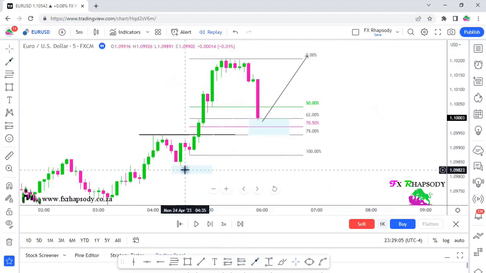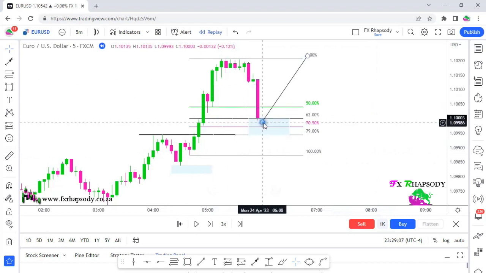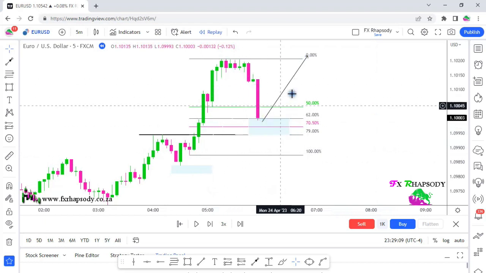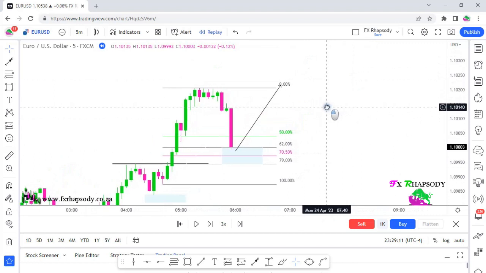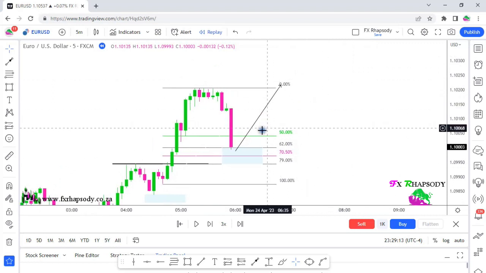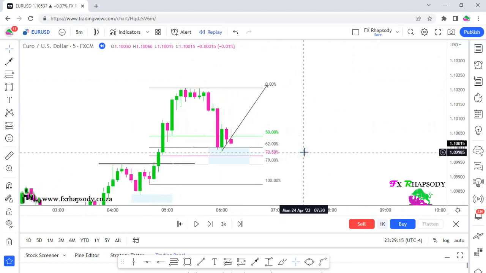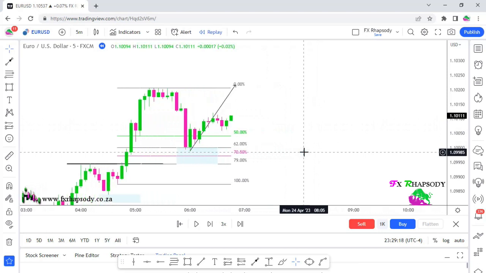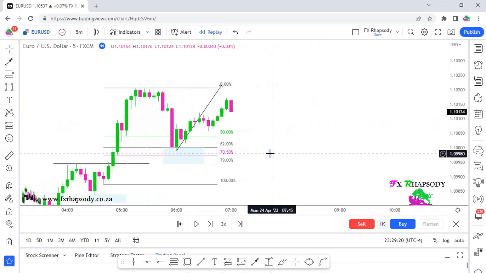If you are still in this trade, this could be your confirmation of just keeping your trade open or adding another trade to the current one. And as you can see, price just follows that movement in the market.